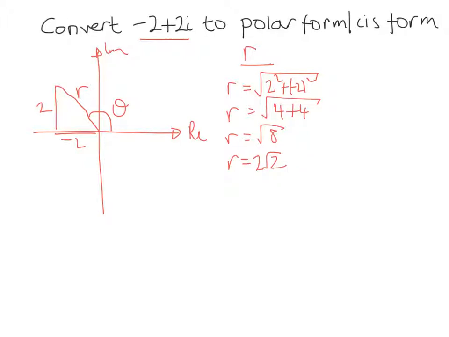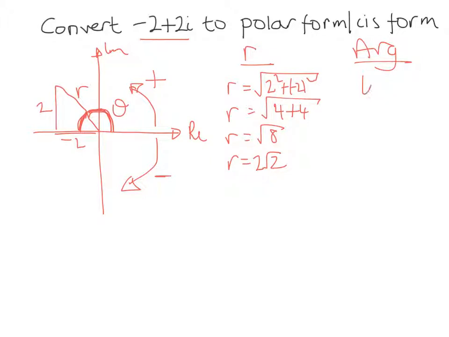Now, it's hard to find this angle here directly, but this will be a positive argument because it's coming around in this direction. Remember, negative arguments go down in a clockwise direction from the positive real axis. So to figure out our argument, let's find that angle there.